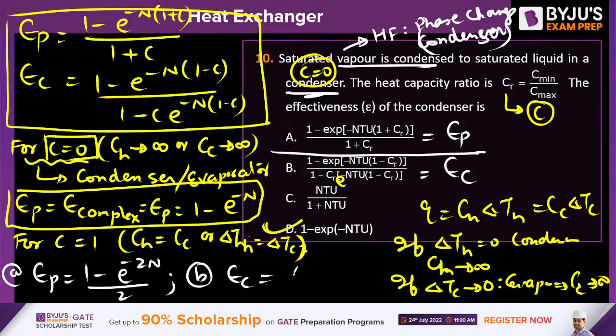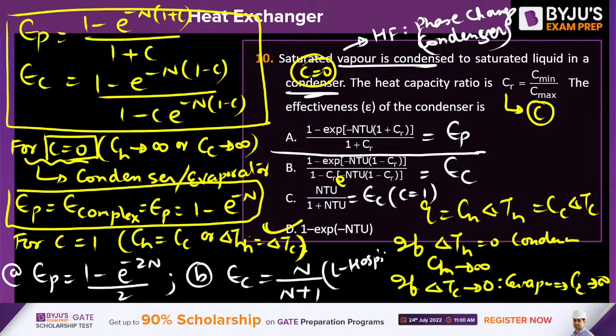So using L'Hospital's rule, it will be NTU upon NTU plus 1. That is for C is equal to 1 in case of a counter flow heat exchanger. That is the special case that is calculated by using L'Hospital's rule.